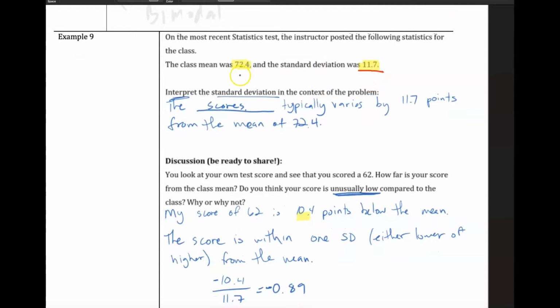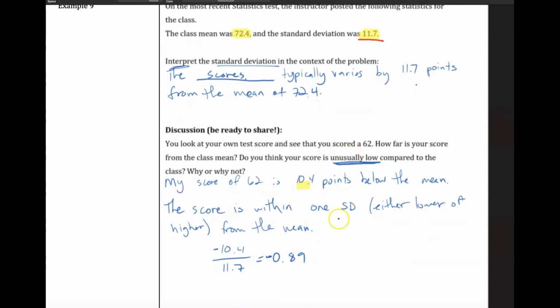So in this case, if there's an exam and the mean was 72.4, the standard deviation 11.7, what does it mean? It means the scores typically vary by about 11.7 points from the mean. So there's a percent of students who scored above the mean by 11.7 points, and scored below the mean by 11.7. So you have an idea of the distribution.